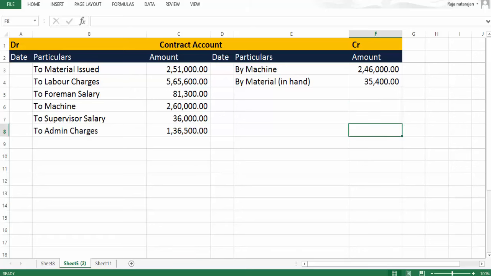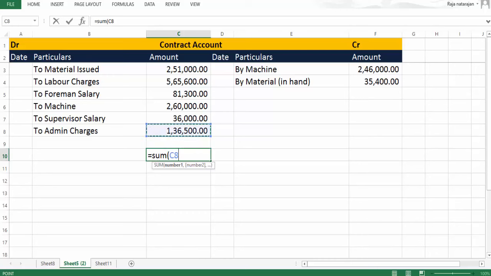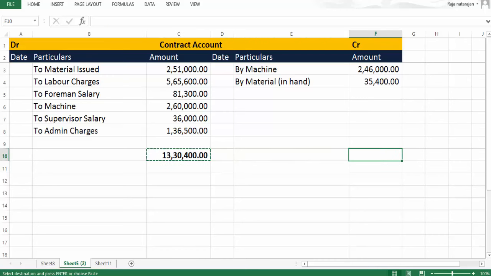For that we have to total this. Let's see what is the total on the debit side. It works out to 13,30,400. On the credit side it is lesser, so we have to follow the debit total. So on credit side we'll have a difference of 13,30,400 minus 35,400 minus 2,46,000.